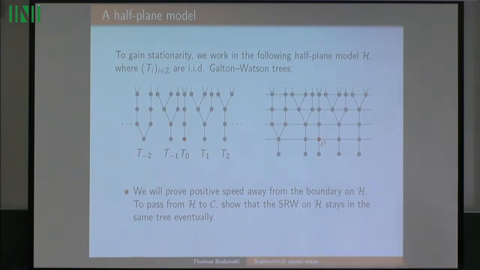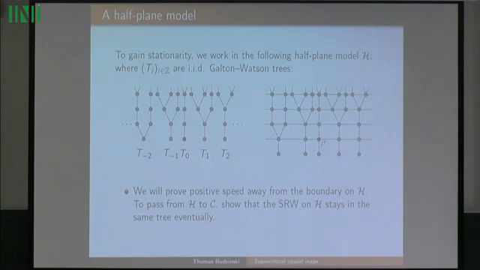And instead of drawing cycles around the root, I draw horizontal lines at each level, just like this. And for some technical reason, I also need to add a parent to all the roots of the trees. So I have some vertices at height -1. And I will focus on the proof of positive speed towards the top in this half-planar model.